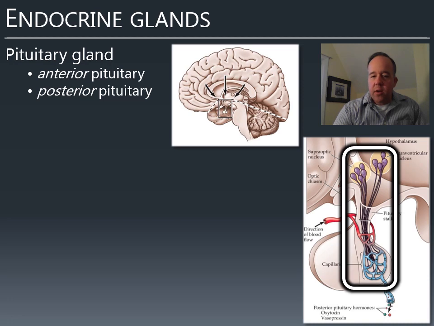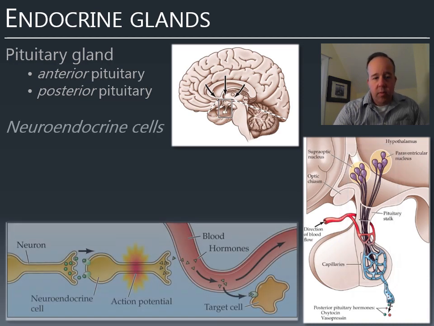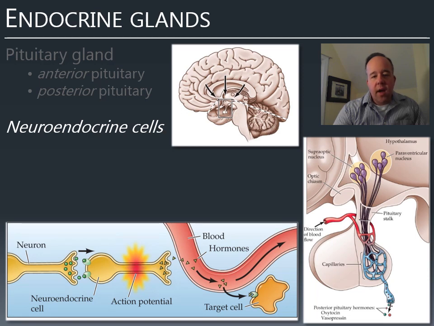But the pituitary gland in general is important for secreting and controlling hormones. And in the case of the posterior pituitary, there are cells called neuroendocrine cells. And these look a lot like neurons. They have a cell body. In fact, the cell bodies of these neuroendocrine cells in the posterior pituitary actually live in the hypothalamus. The hypothalamus sends axons down to the posterior pituitary.